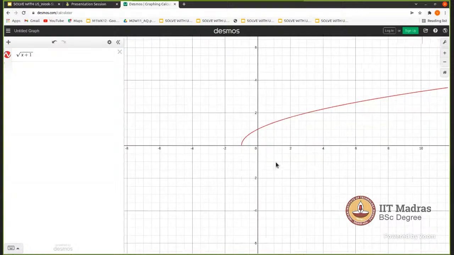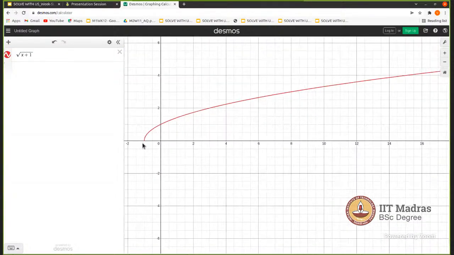You can see my graph is lying between -1 to infinite, and the range is only above the x-axis. There is no graph below the x-axis, and y values take from 0 to infinite.